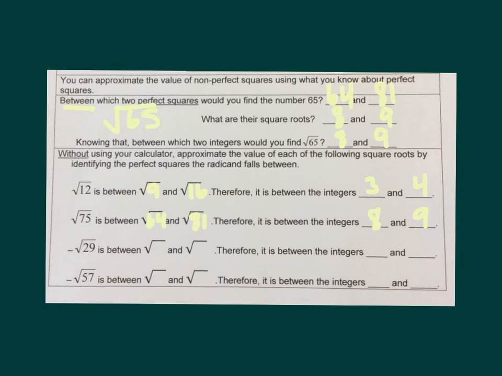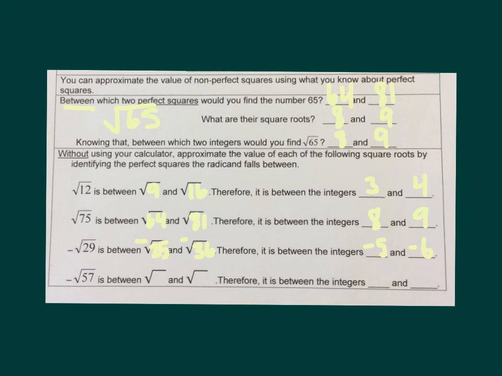The negative square root of 29, we're going to have to add a negative here in our two square roots. So the negative square root of 29, don't let the negative change how you're doing it. You're still just going to look at the number 29 and which two perfect squares it falls between. So you should see that it's falling between 25 and 36. And because it's negative, we'll just have to write the negative numbers down. So the integers, the square root of 25 is 5, but it's negative 5, and the square root of 36 is 6.